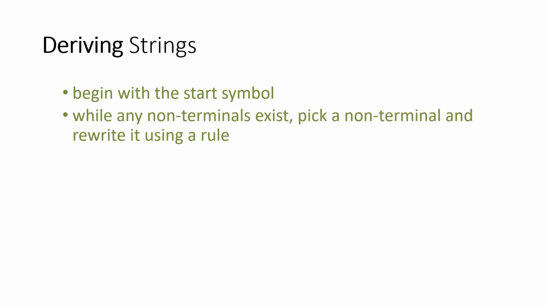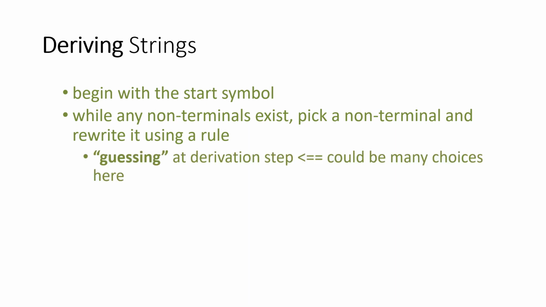So rather than recognizing strings, which is what we were doing with automata, we are now thinking about deriving strings. So as I mentioned before, we begin with the start symbol, and while any non-terminals exist, we pick a non-terminal and rewrite it using one of the rules. We actually have to guess at the derivation step. There could be many choices here.